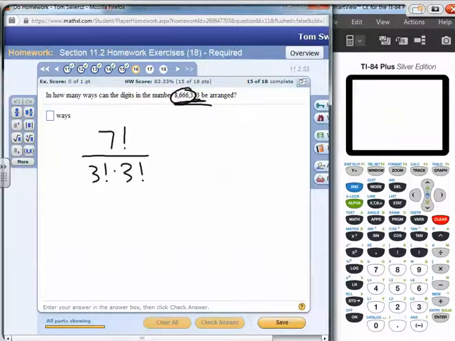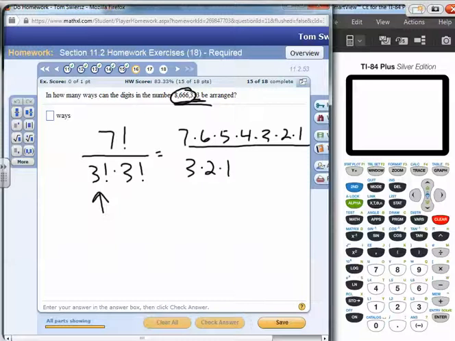So on this one, 7 factorial is fairly large, right? You've got to go 7 times 6, 5, 4, 3, 2, 1. And now remember, this is factorial. This is not a 3. So each of these is 3 times 2 times 1, and this is 3 times 2 times 1.